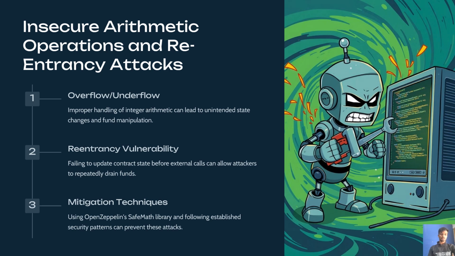Second is the re-entrancy vulnerability: failing to update contract state before external calls can allow attackers to repeatedly drain funds. Next are the mitigation techniques: using OpenZeppelin, the SafeMath library, and following established security patterns can prevent these attacks.